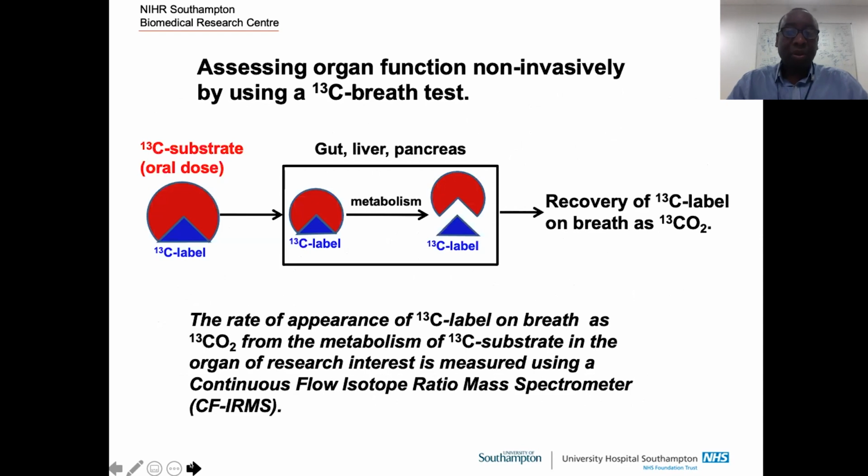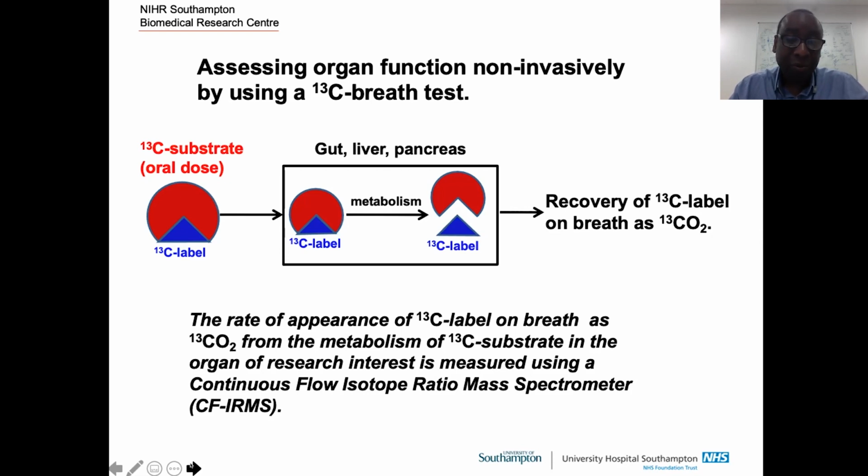So this slide here shows an overall picture of what the 13C breath test can be used for, which is to assess various organ function in a non-invasive manner. And this slide here just summarizes what I've mentioned in my previous slide, which is the 13C substrate being orally given.